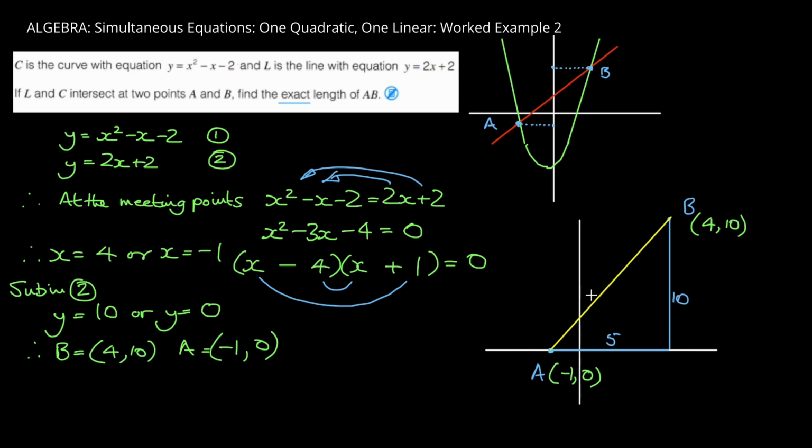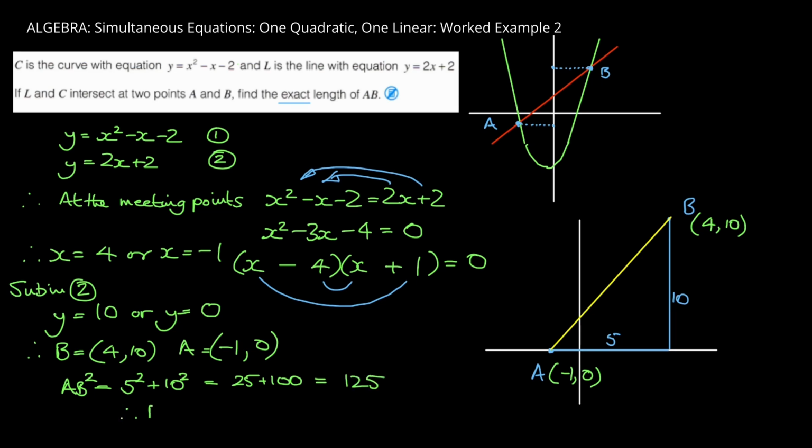Okay, using Pythagoras now on this equation, AB squared is equal to the two other sides separately squared. So this is 5 squared plus 10 squared. And that's equal to 25 plus 100, which is equal to 125.